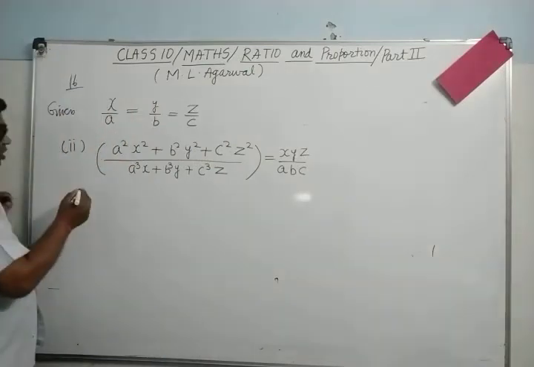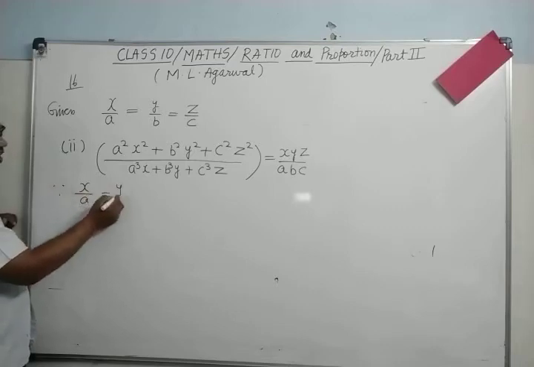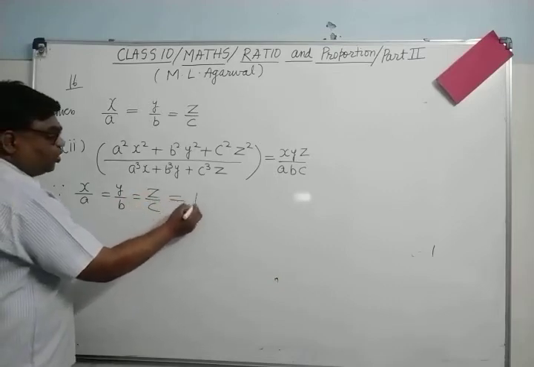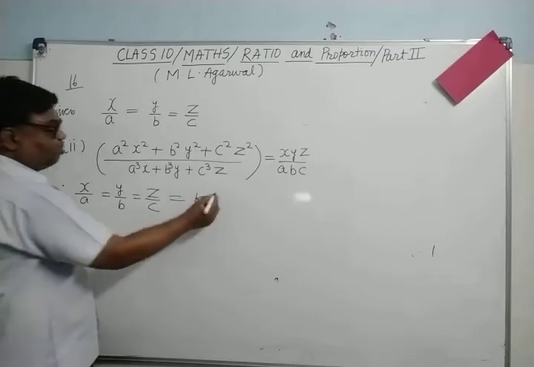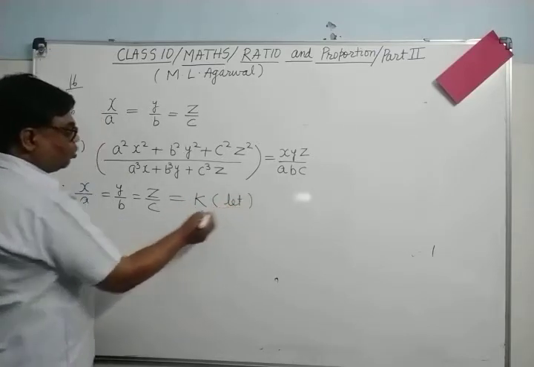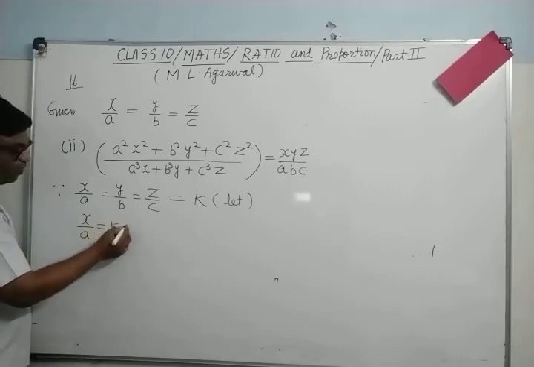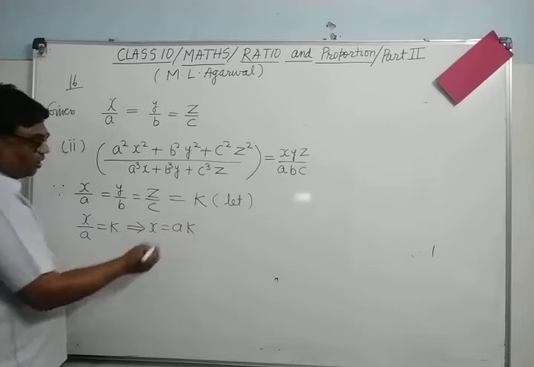So you will start from the given. x upon a equals y upon b equals z upon c. This we have assumed as k. That's why it is called the K method. So when x upon a equals k, you will get x equals ak.